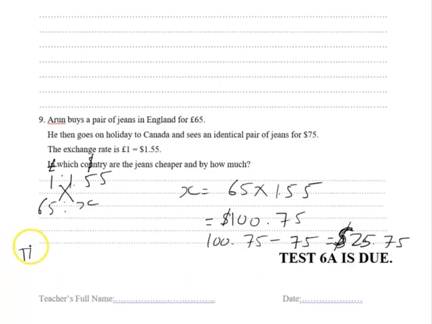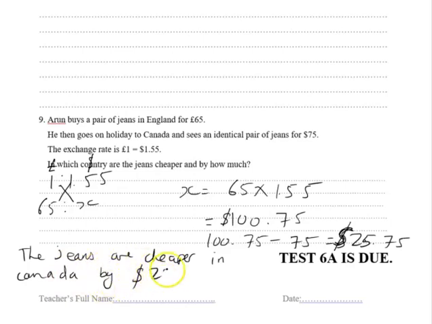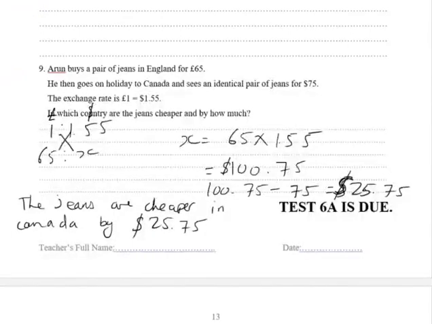So the jeans are cheaper in Canada by $25.75. That is the end of chapter 1.